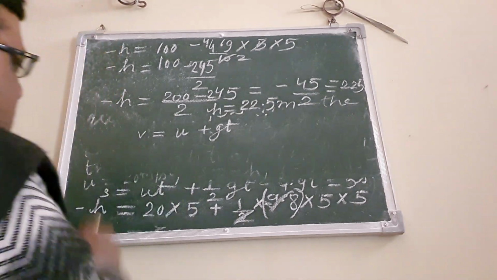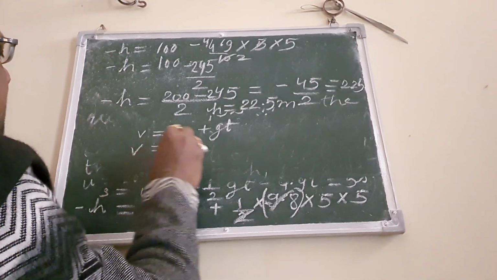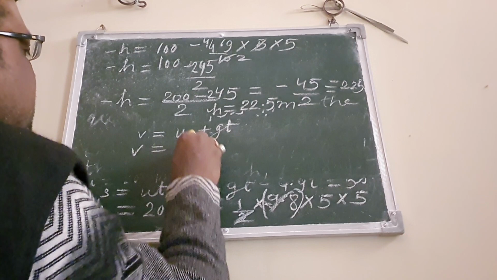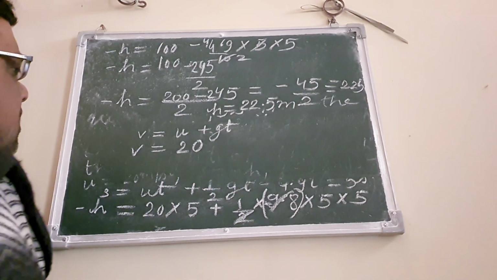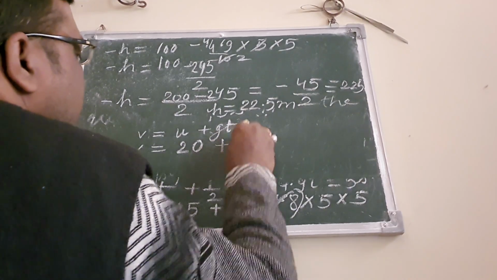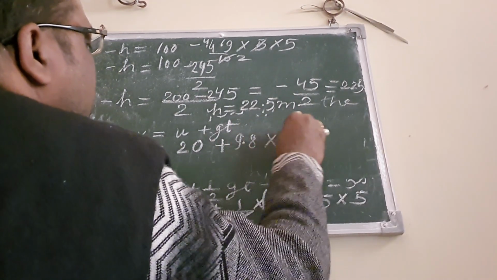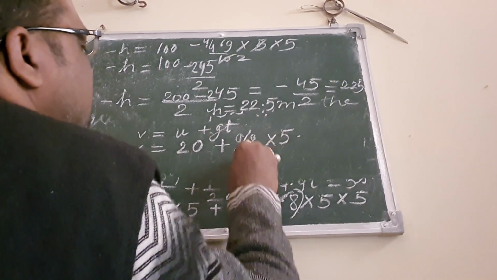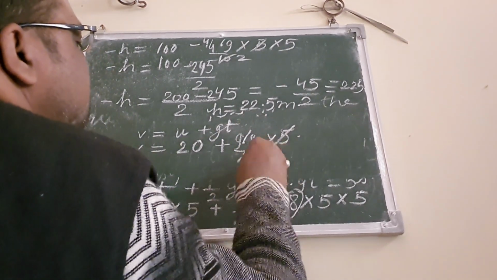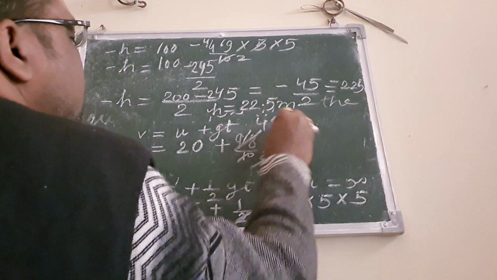Here we have to find the final velocity. The initial velocity is 20 in the upward direction plus 9.8 into 5, so it becomes 49.